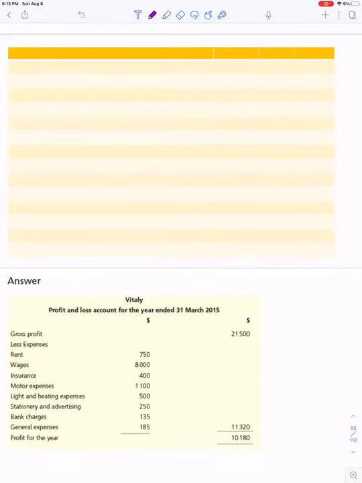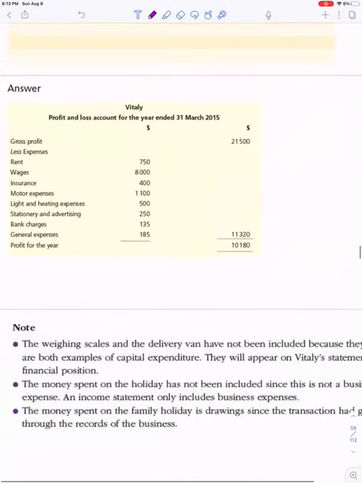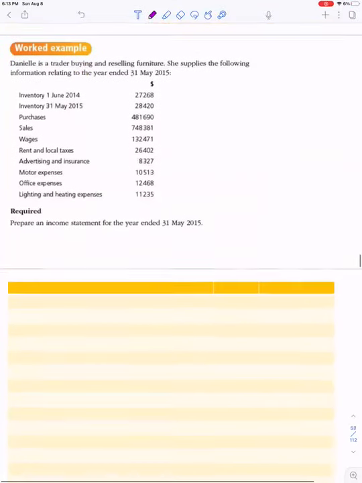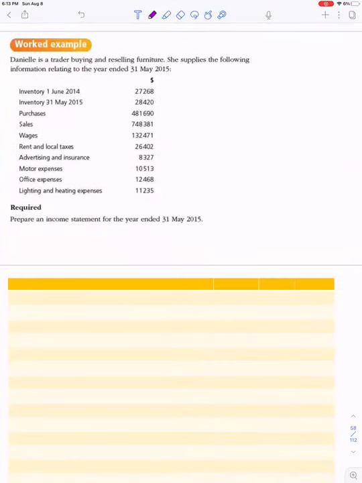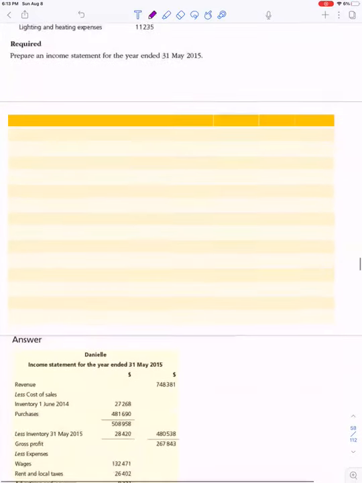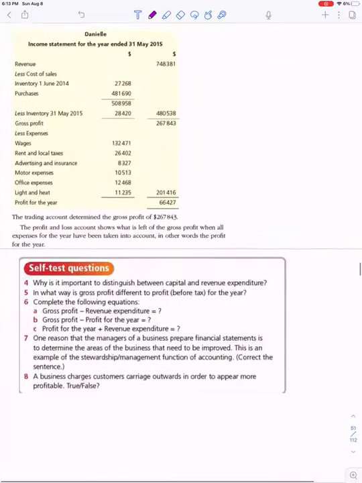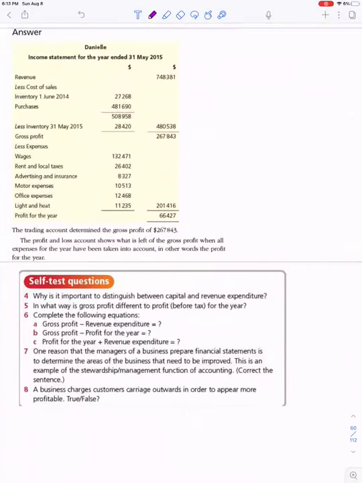You can self-evaluate yourself. Next, I want you all to try this sum. After you complete this sum, you can evaluate yourself from the answer over here. And then you can try these self-test questions.